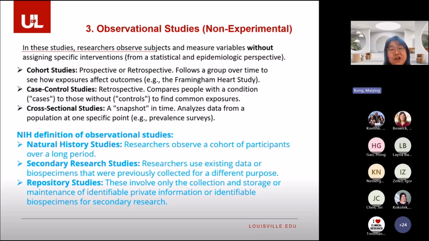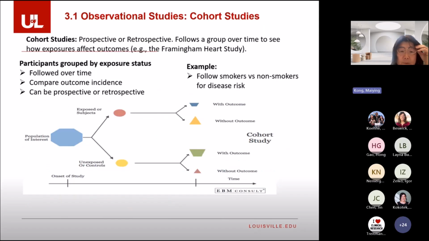The NIH definition of observational study, as mentioned, includes natural history study, secondary research study, and repository study. There is a connection between these studies. Let's take a look at the cohort study. We say it could be prospective or retrospective.